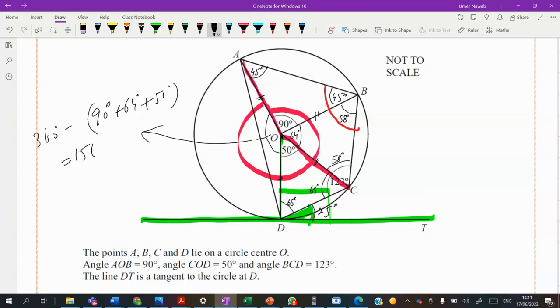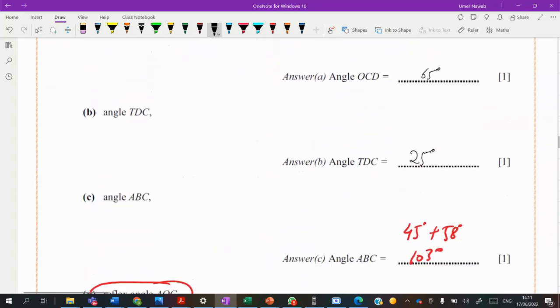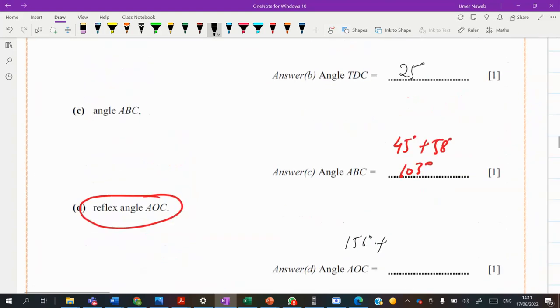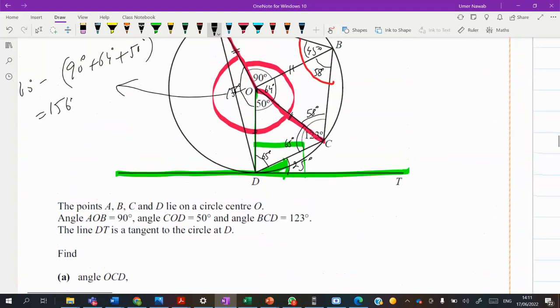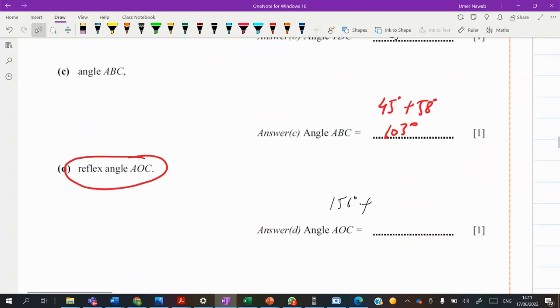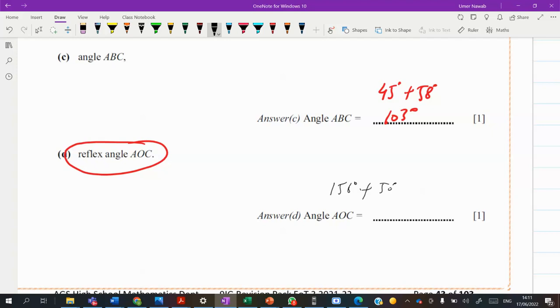It gives you 156. So this is 156. To find the angle AOC, 156 plus 50 degrees gives you 206.